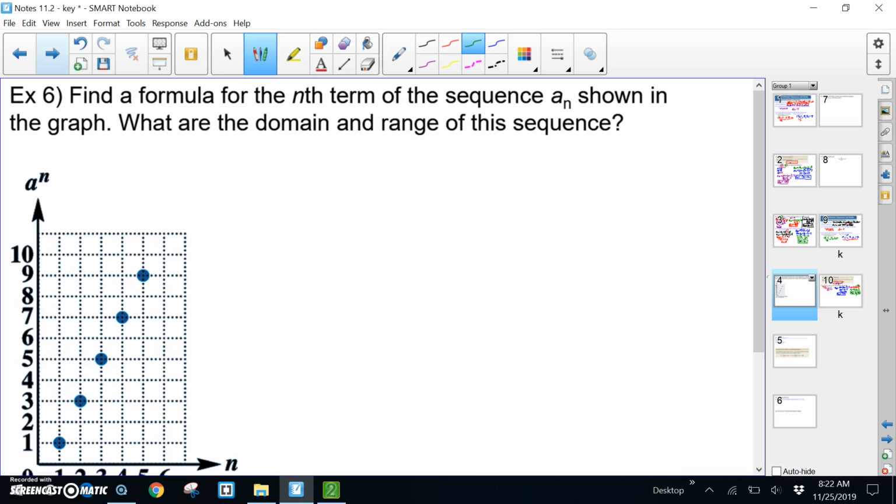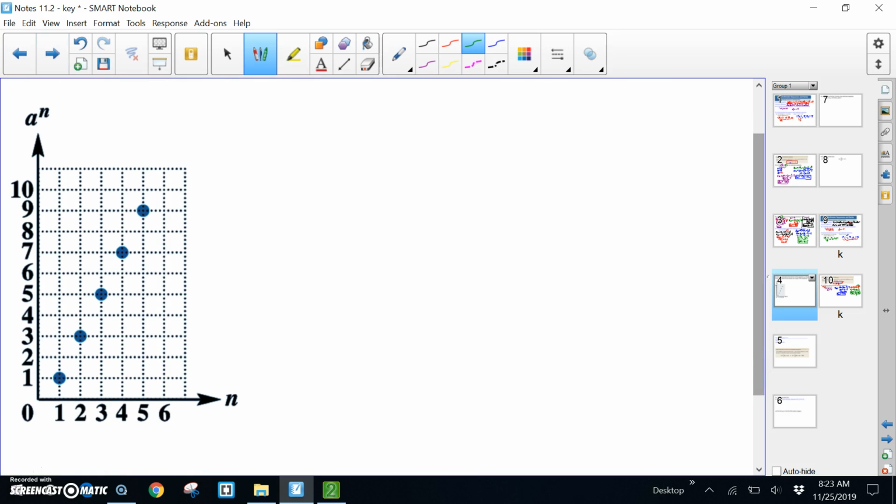Number 6, find a formula for the nth term of the sequence an shown in the graph. What are the domain and range of this sequence? So look at the graph, and we see a bunch of dots, and it forms a pattern. You can see that it's forming like a linear relationship, kind of looks like a line.